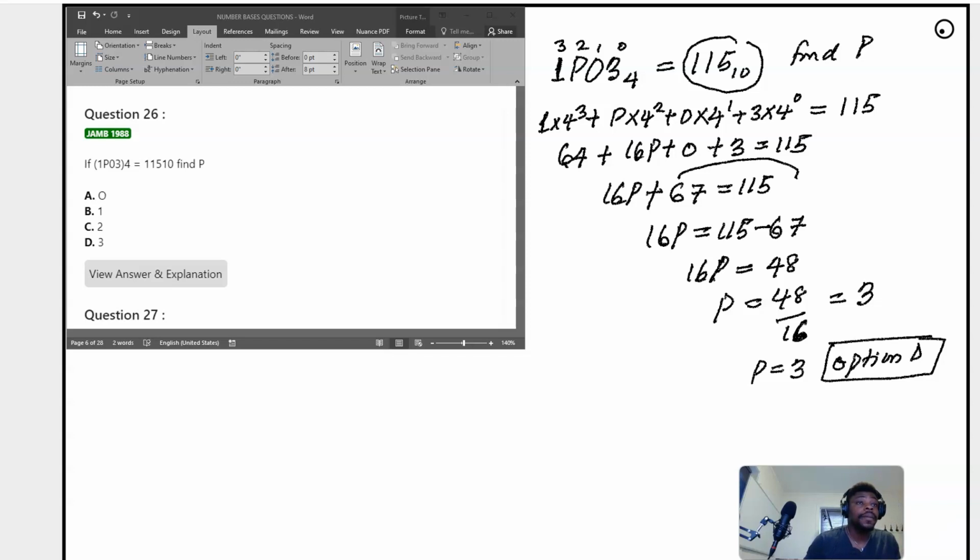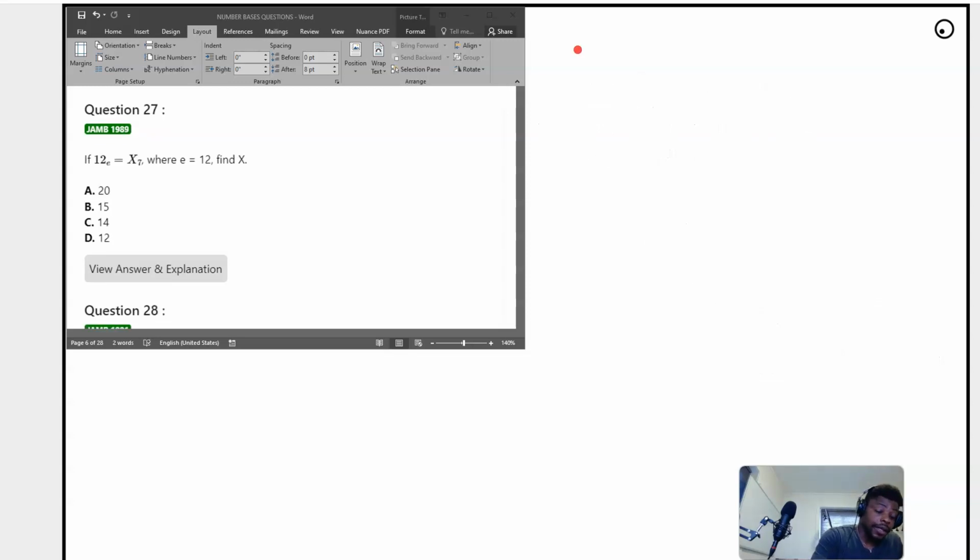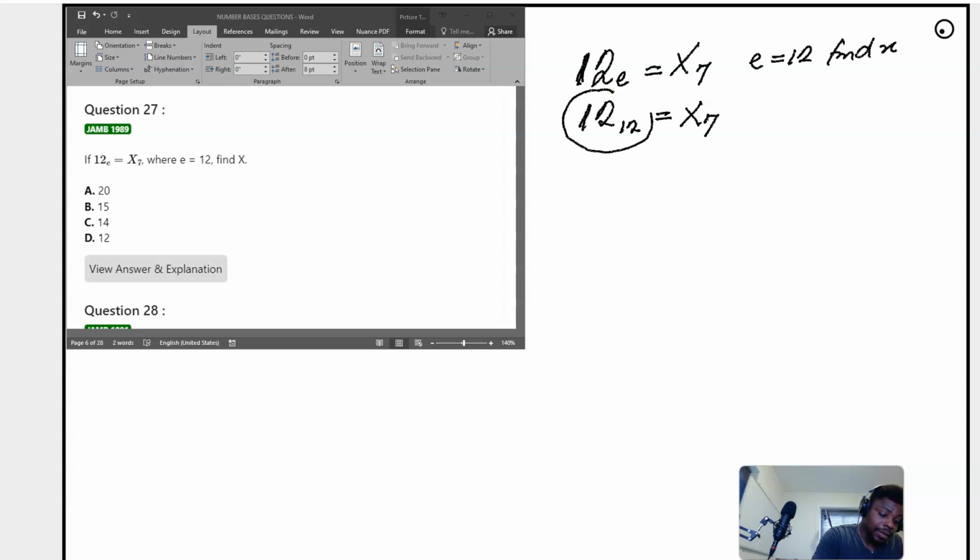Easy. The next question here says if 12 base E is equal to X base 7, where E is equal to 12, find X. Okay, so E is in base 12. That is what it's saying. So the first thing we need to do is we are looking for X. Let's convert this to base 10.